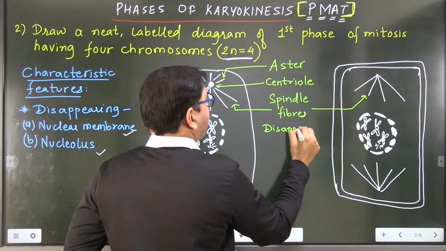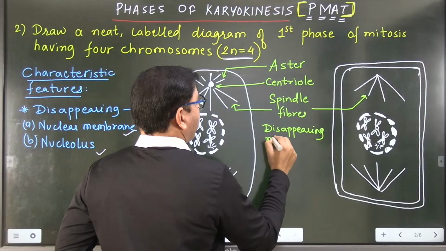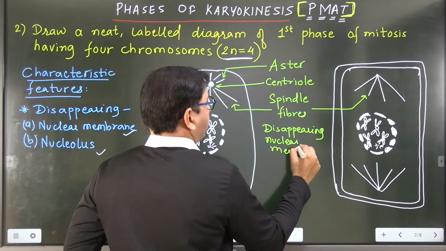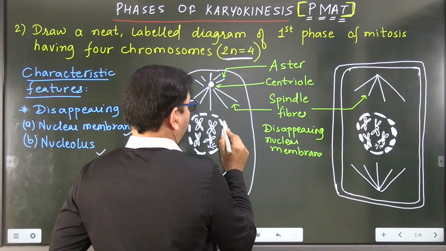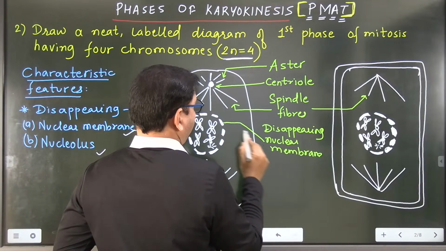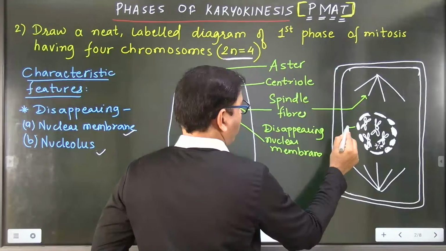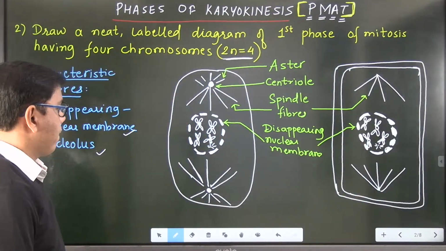Disappearing nuclear membrane. Common in both. Arrow towards the part.